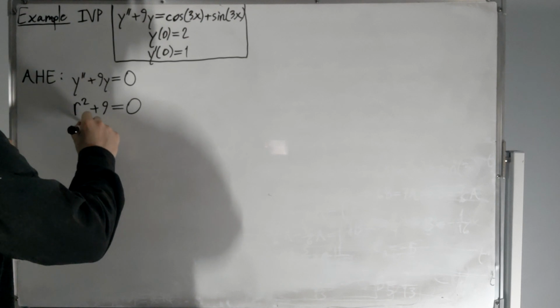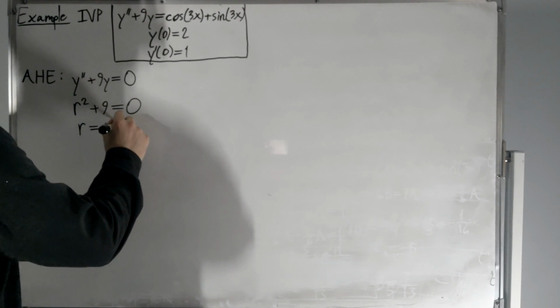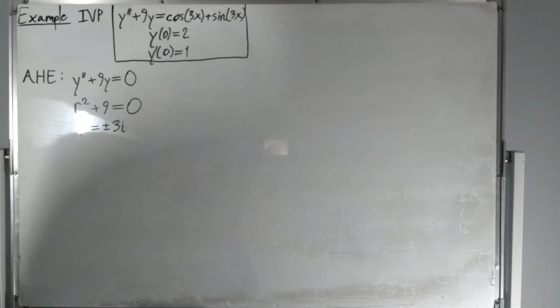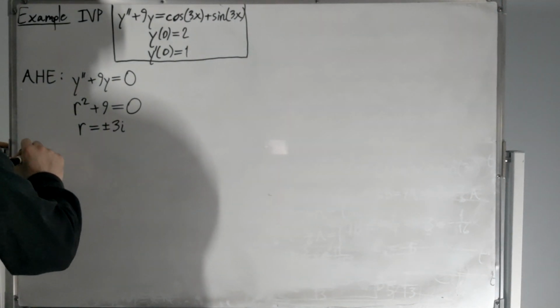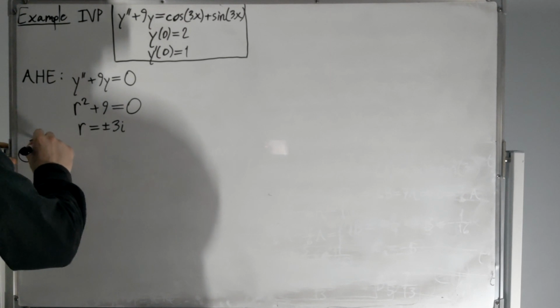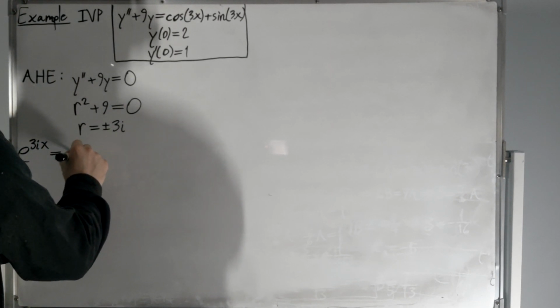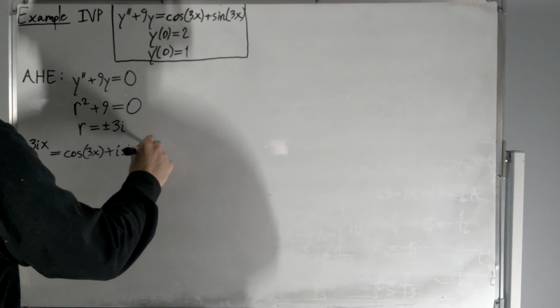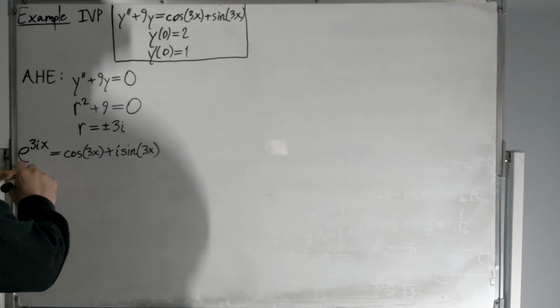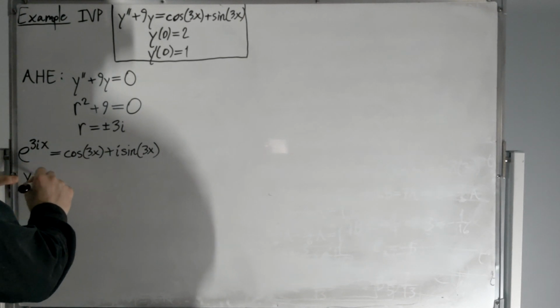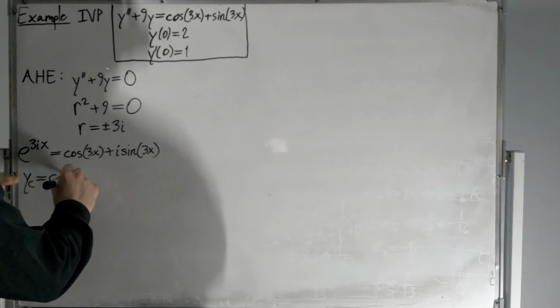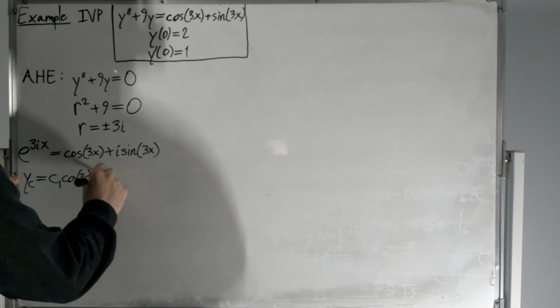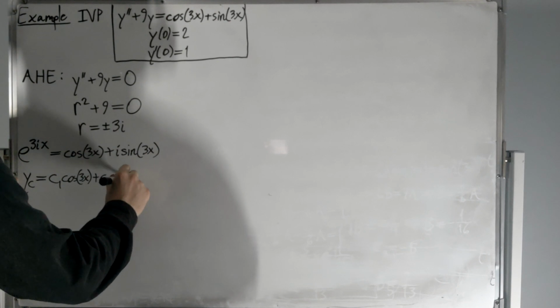And that gives us that r is plus or minus 3i. Okay, so as always, we look at Euler's formula. E to the 3ix is going to be cosine of 3x plus i times the sine of 3x. And then in that case, our complementary family is c1 cosine of 3x plus c2 sine of 3x.